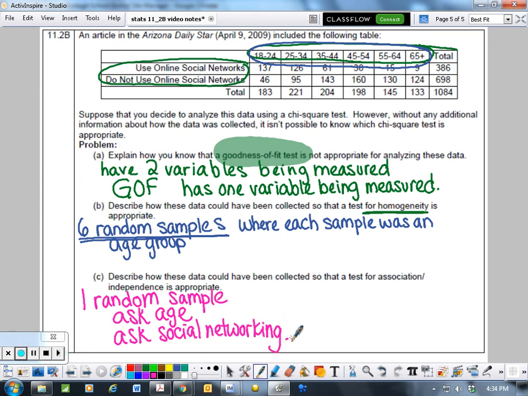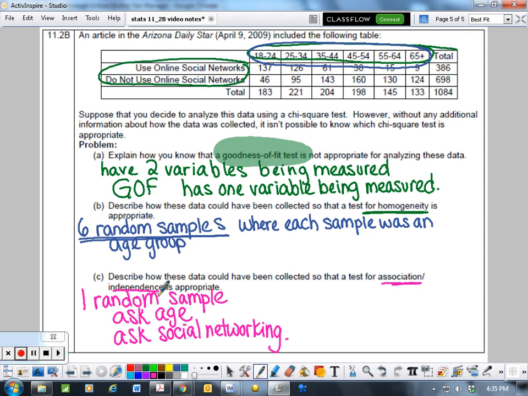And for this situation, the test for association and independence just seems to make the most sense. Because you can kind of look at a person and kind of tell age, but really the best way to get a truly random sample is you're sampling people and then you're going to ask about age and social networking.